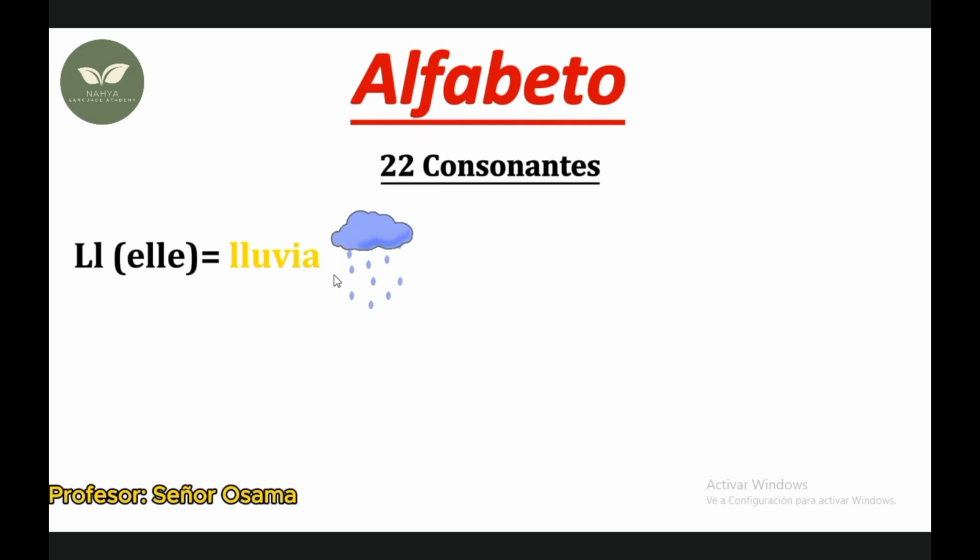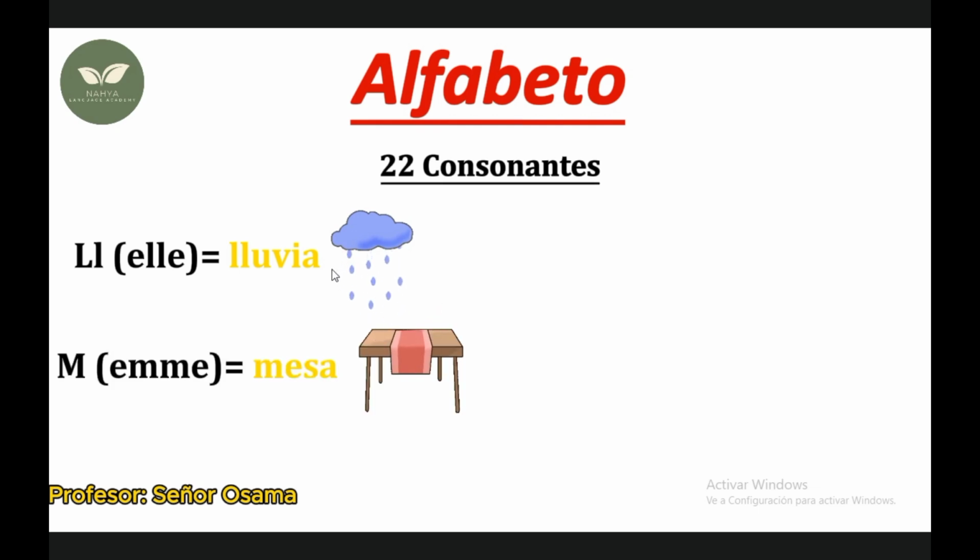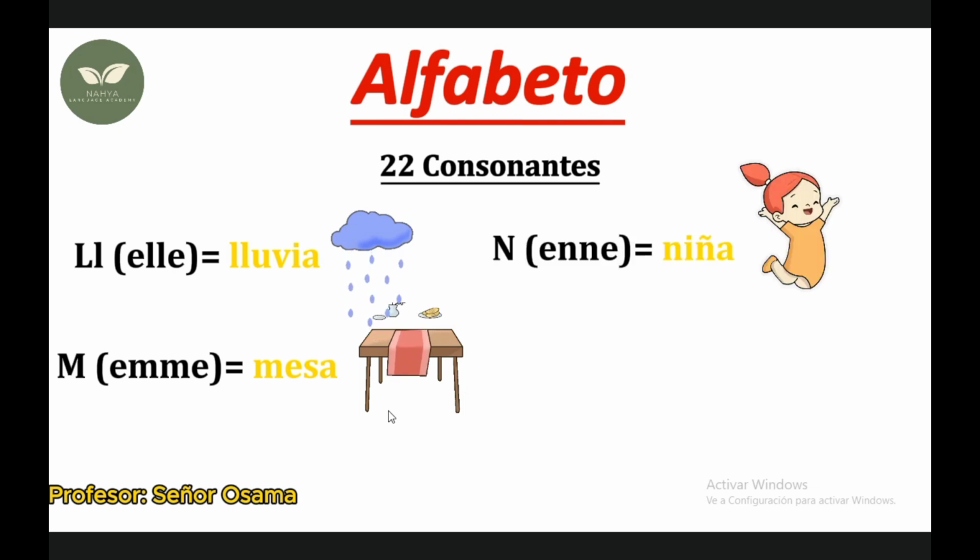So the next consonant is M. We can find this consonant in the example of mesa, which means table. So the next one is N. In the Spanish language, we force the letters a little bit.